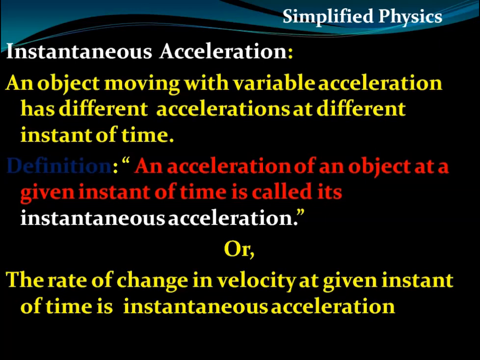At a particular instant of time the body has a particular acceleration. That is simply called instantaneous acceleration, the rate of change of velocity at a given instant of time. And instantaneous acceleration will be the same as average acceleration if the body is moving with uniform acceleration.